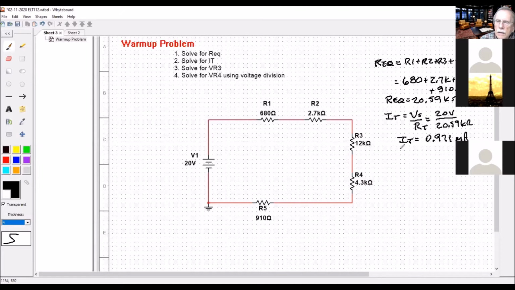Yeah. Okay. So then we can say that V sub R3 is going to be IT times R3. So 0.971 milliamps times 12K.